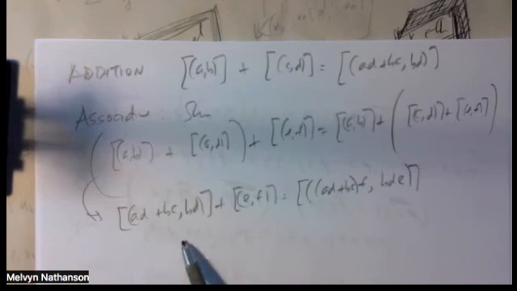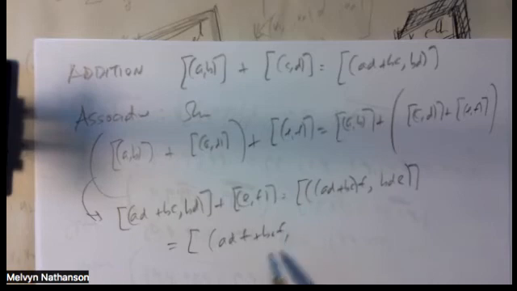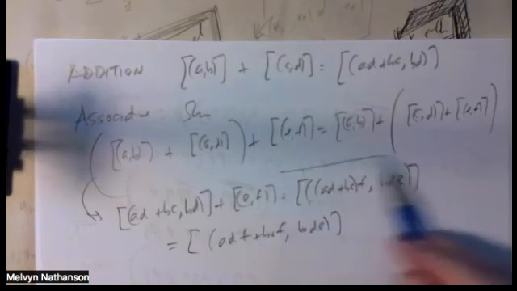That's the left-hand side, which is the equivalence class of ADF plus BCF, comma, BDE.